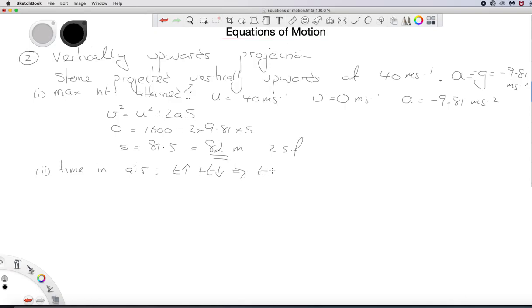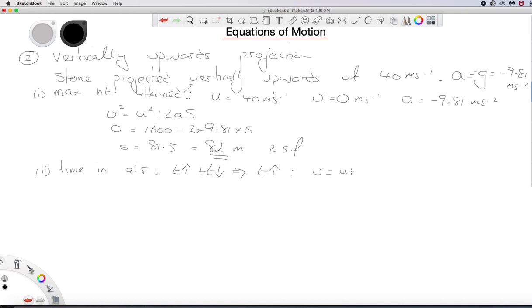So the time to go up, what's that going to be? Well, we know we have initial velocity of 40 meters per second, acceleration minus 9.81. We know the velocity will be 0 at the top.